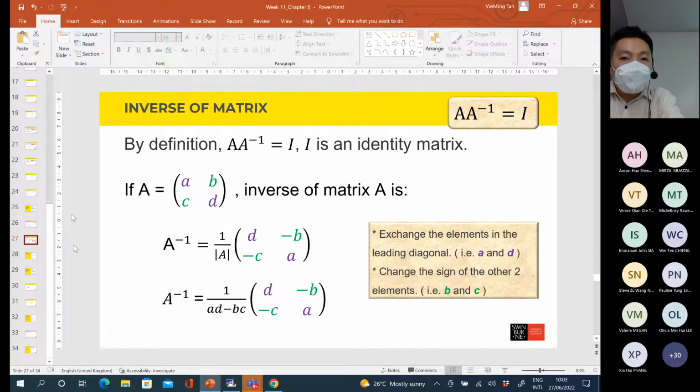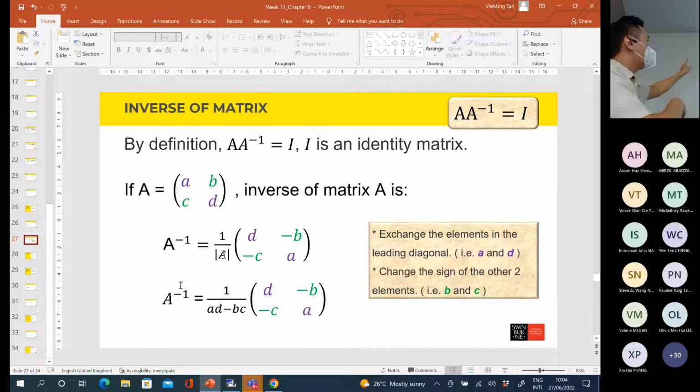The formula is equal to 1 divided by the determinant of matrix A, right? Multiply with a matrix, whereby in this matrix we need to change the location of the original diagonal elements. That means for A and D, we need to change the position.